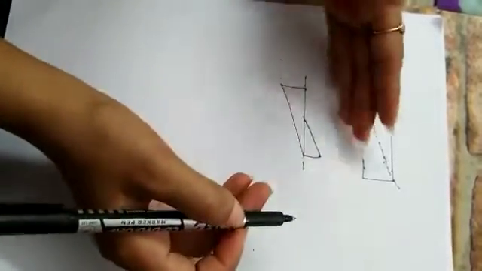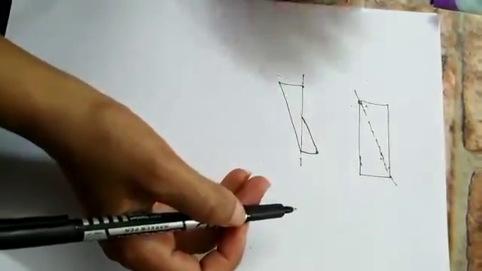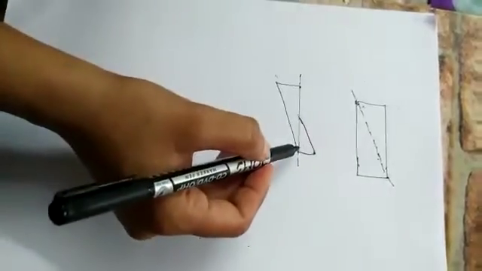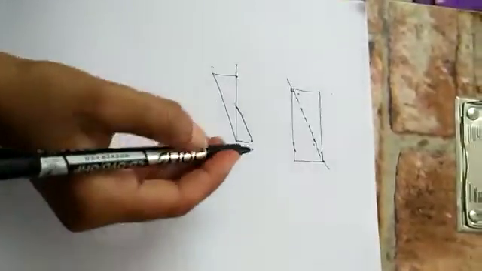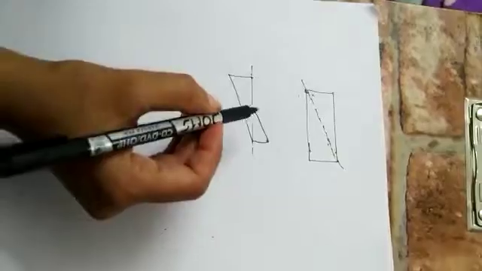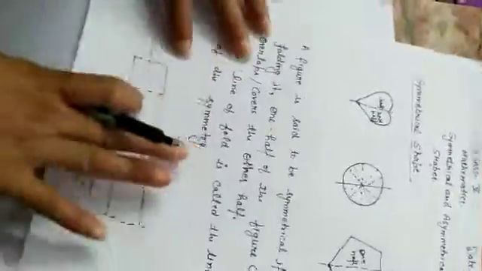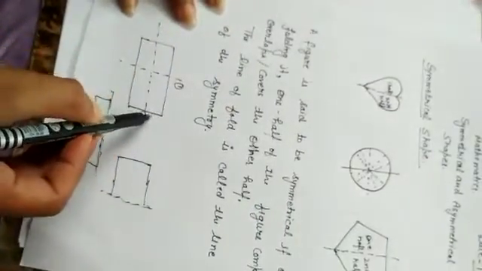So it is not a mirror image, and one half does not completely overlap the other half. So a rectangle has only two lines of symmetry, 1 and 2.